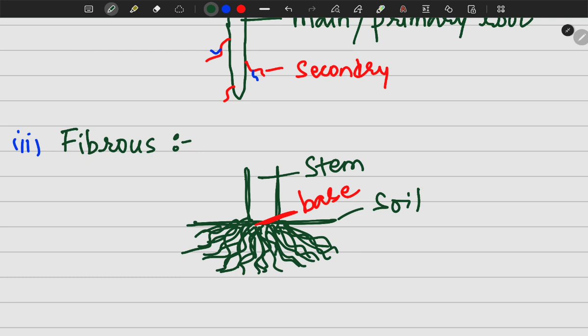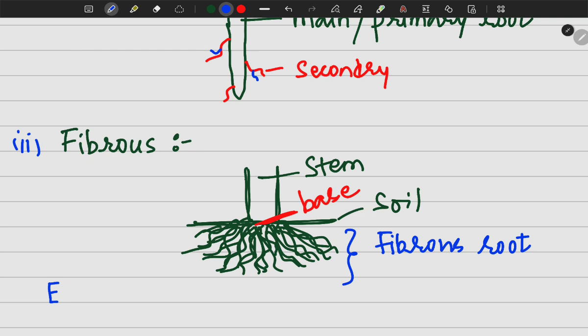So this kind of root is called fibrous root. As you can see, it looks fibrous. That's why it has the name fibrous root.